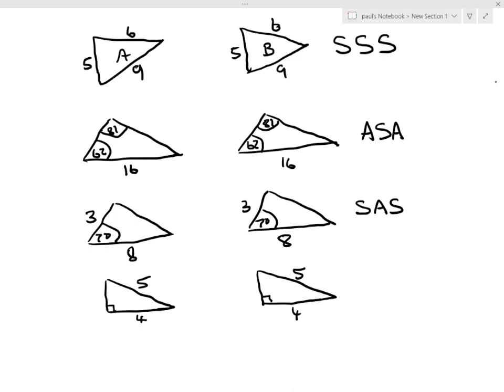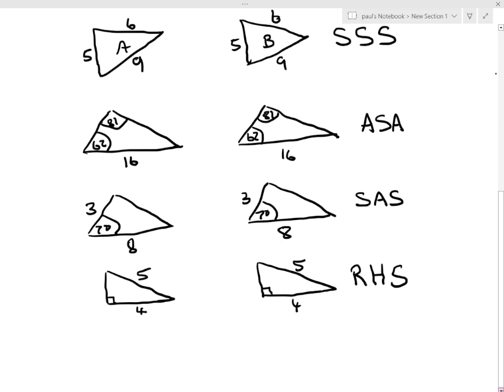Now because this is a right angled triangle, we're going to use the R for the right angle, and the 5 is the hypotenuse and the 4 is the other side. So there you go. So you have side, side, side, angle, side, angle, side, and right angle, hypotenuse, side.